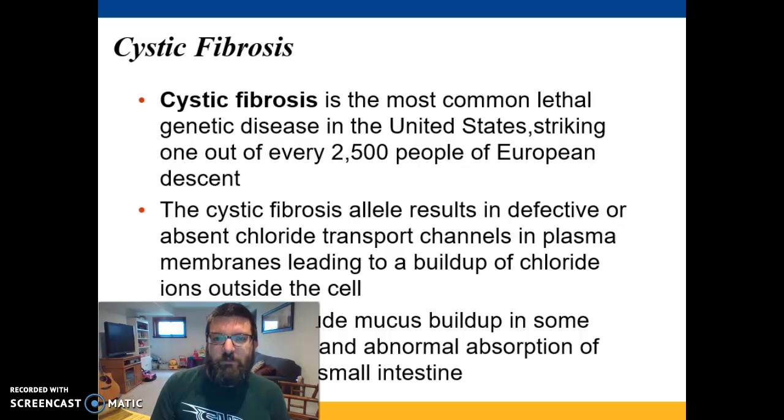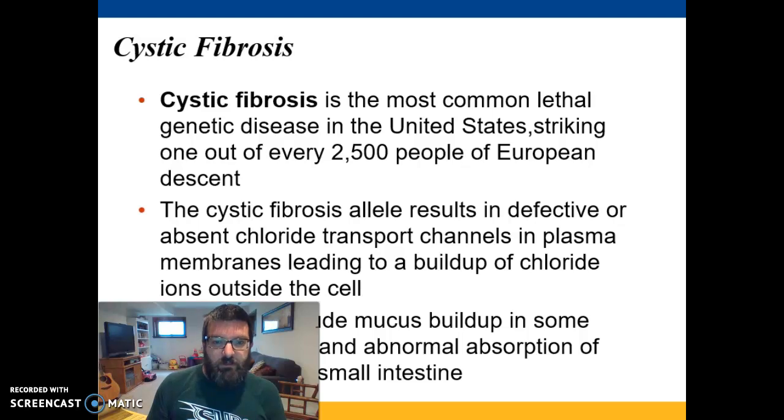So cystic fibrosis is a genetic disease that's caused by a single nucleotide that is mutated, and it messes up chloride pumps. And those chloride pumps are essential for keeping a watery layer in mucous membranes that don't get too sticky.